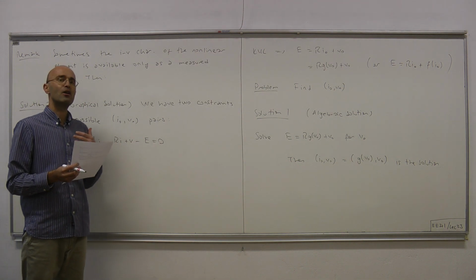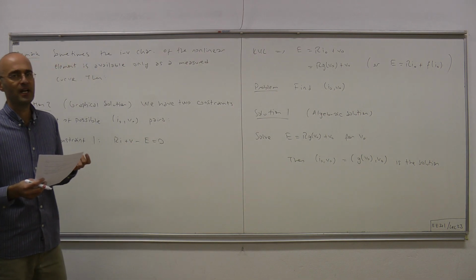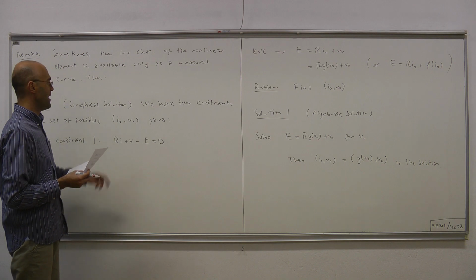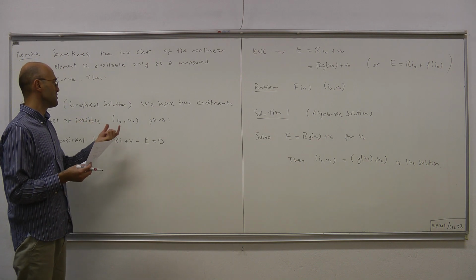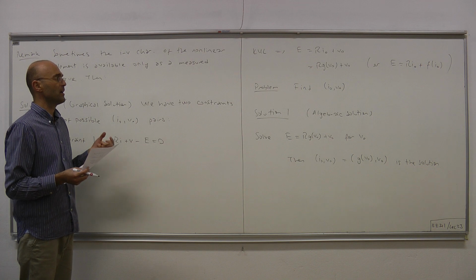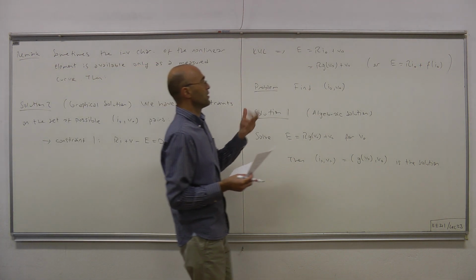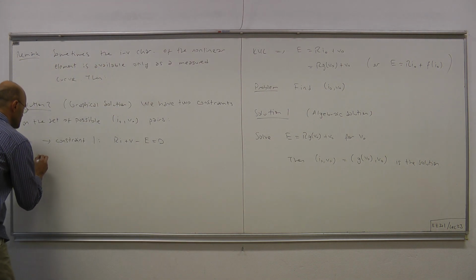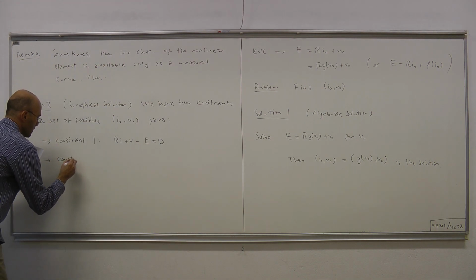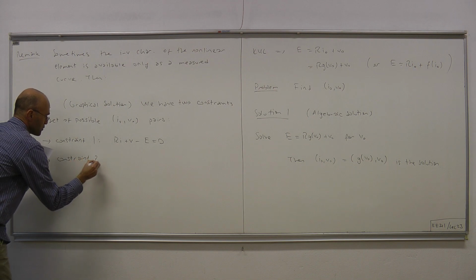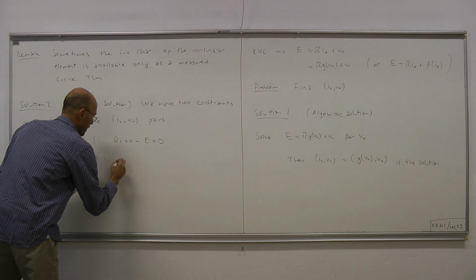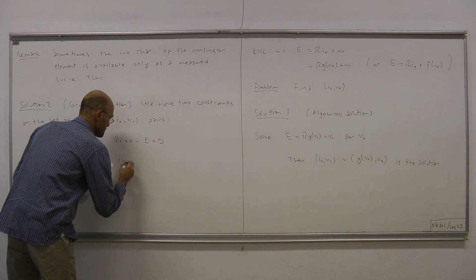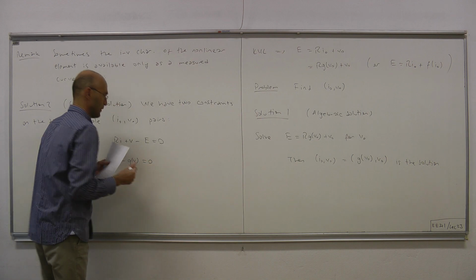So this constraint can be called the external constraint. There's also the internal constraint, and that has to do with the IV characteristics of the nonlinear component. That constraint is represented by the function g that we have used here. The second constraint, the internal constraint, is I equals g(V), or I minus g(V) equals 0.